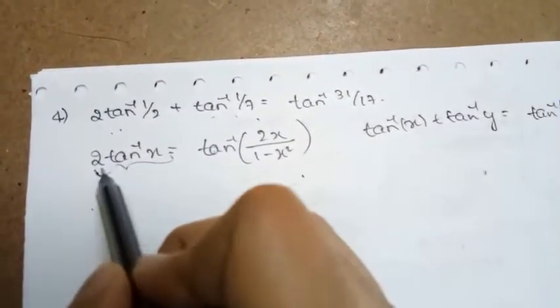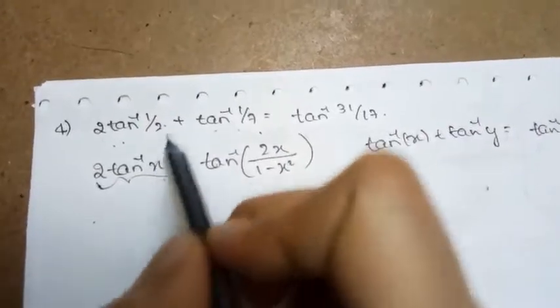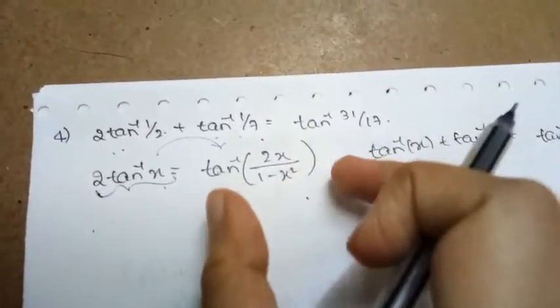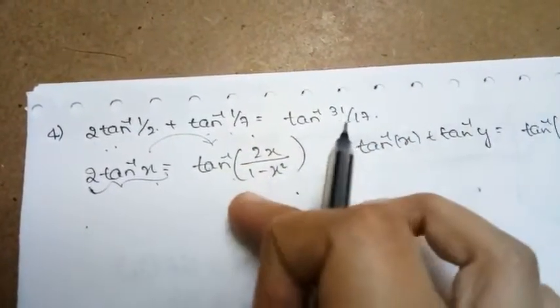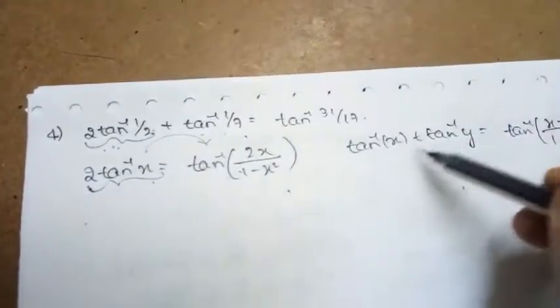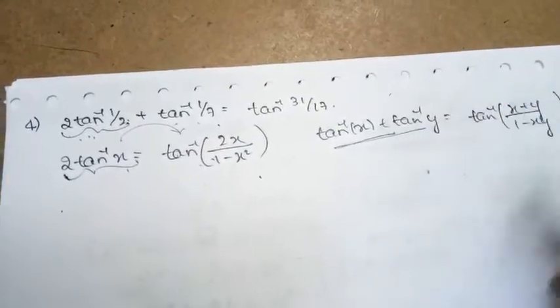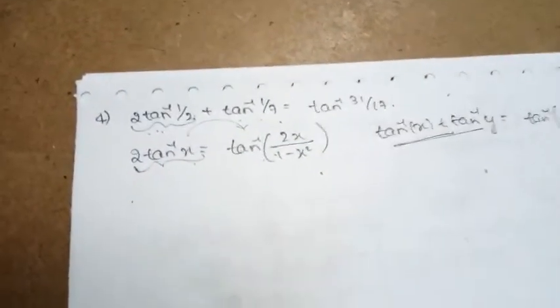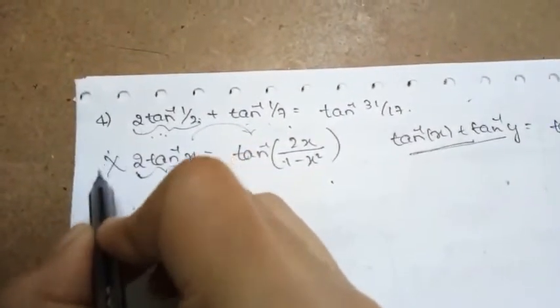Upon substituting 2 tan inverse of x in terms of tan, we are going to get one element which will be in the form of tan inverse itself. Then we can use this identity and solve this problem easily. So that's why we used this formula.